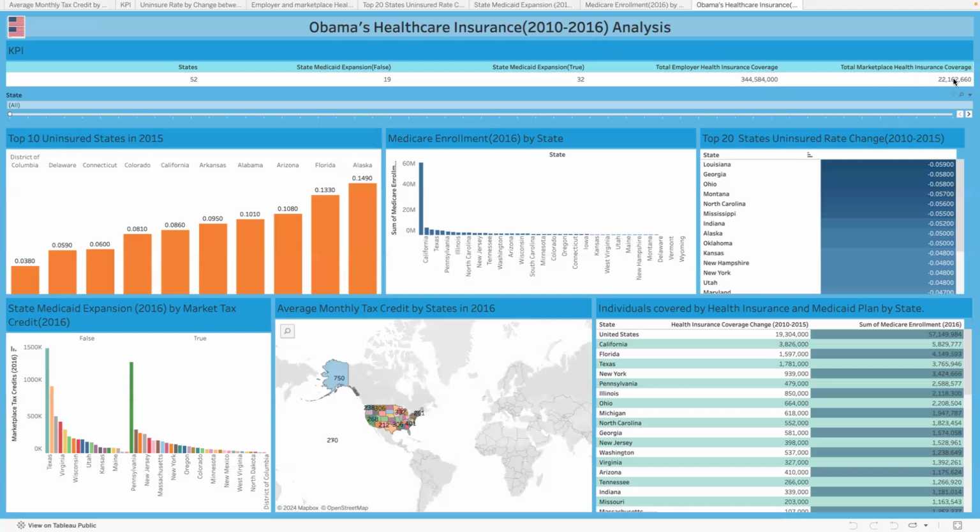And we have the last KPI, the total marketplace health insurance coverage. This is a kind of insurance used by the government to provide a plan for people who were not covered by employers' health insurance and also not covered by the Medicaid expansion program.